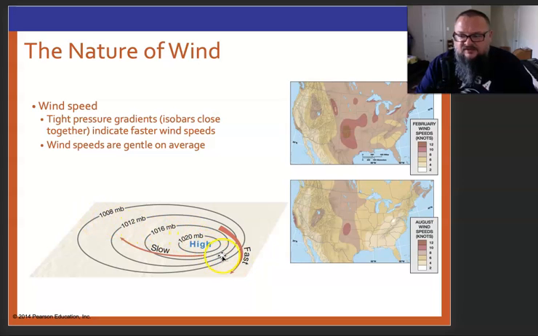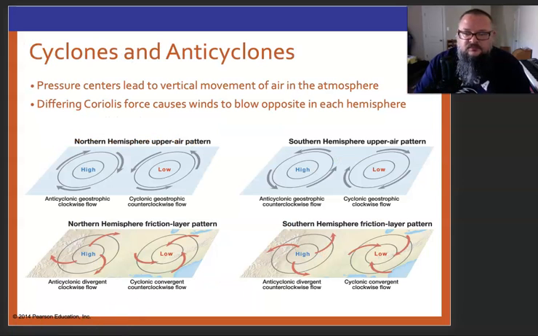What that means for us on the ground, feeling that wind movement, is that the wind speed is going to be faster when these bars are closer together. Okay, when the bars are farther apart, that means the wind is going to blow slower. When they're close together, that means that the wind is going to be blowing faster.